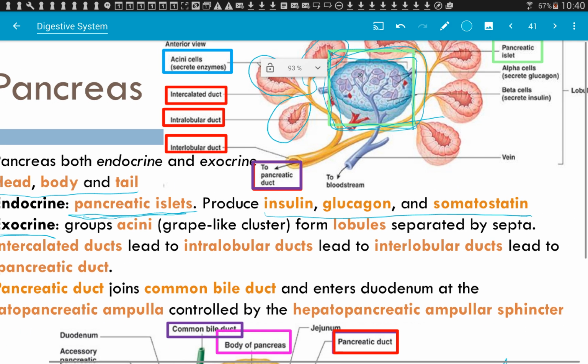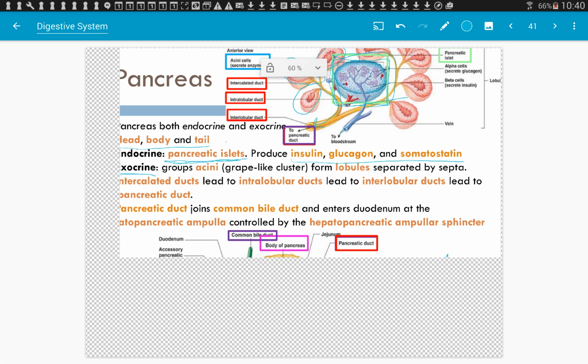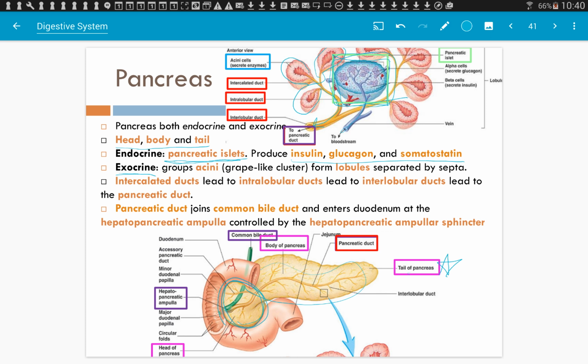This pancreatic islet has a connection to the circulatory system. So that would make sense. It's endocrine, so it's going to travel directly into the bloodstream. The acinar cells that are making digestive enzymes travel in ducts and then join together to the pancreatic duct and then empty into the duodenum. Okay, so they're traveling in different ways and they're affecting different things.